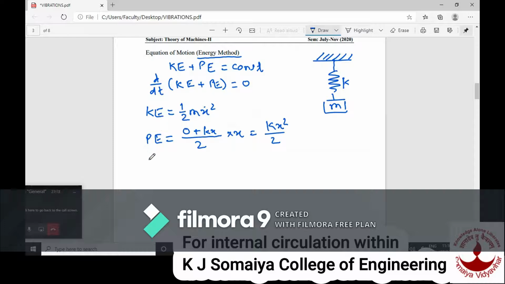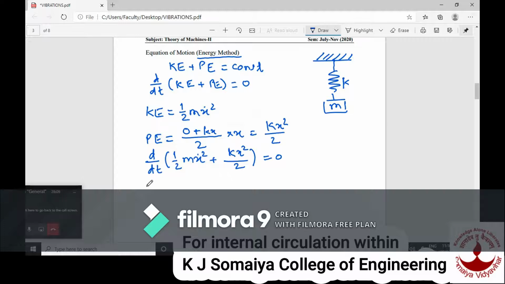Now if I write this equation d by dt of KE plus P is equal to 0, I will get d by dt of half of m x dot square plus kx square by 2 will be equal to 0.